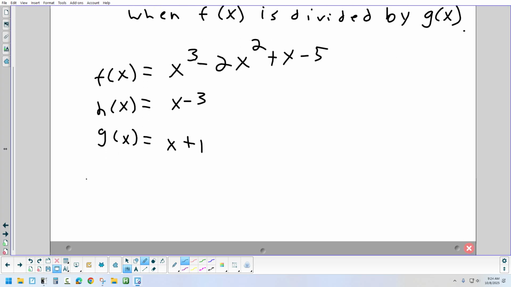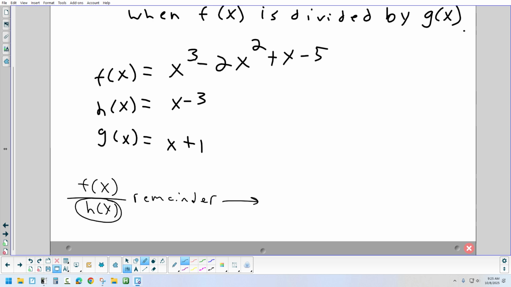So let's start with f of x divided by h of x and do the remainder. First of all, does the remainder theorem apply in this problem? Yeah, why? What is h of x? x minus 3. That's exactly what it has to be.